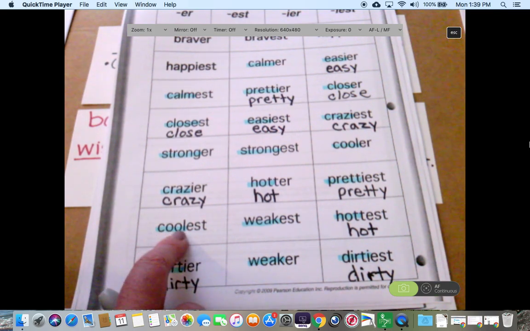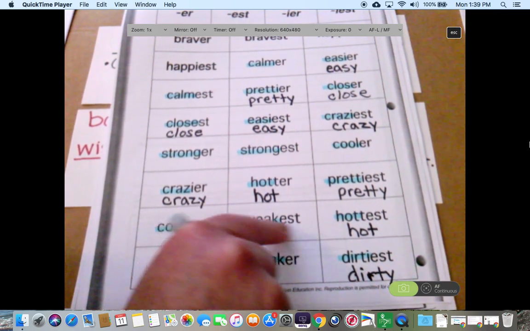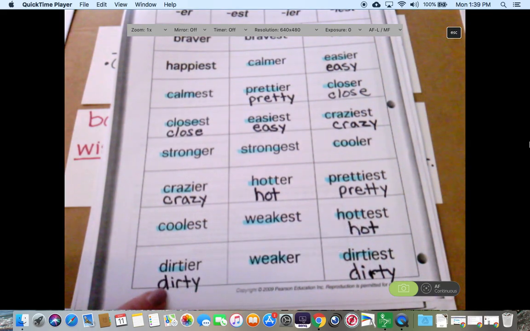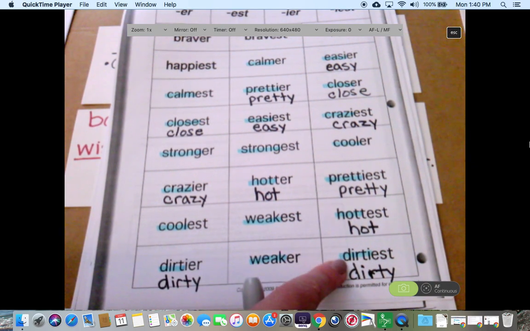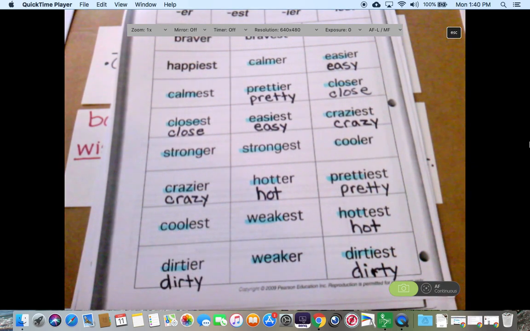Coolest, your base word is cool. Weakest, weak. Again, hottest. Again, we have another one where we change the Y to I for dirtier, weaker, and then dirtiest.